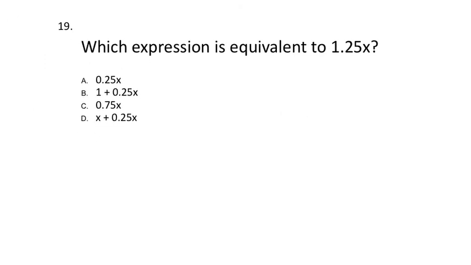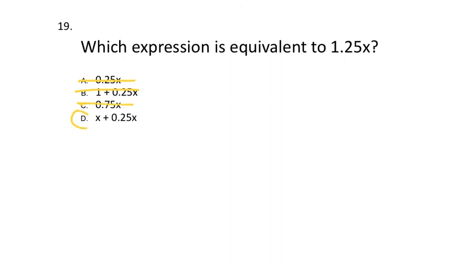All right, which expression is equivalent to 1.25x? I cannot pick A because A is good to go. It's in its simplest form. I cannot pick B because I can't combine a whole number with a variable. Letter C is okay, but I can't do anything with it. Again, it's in its simplest form.